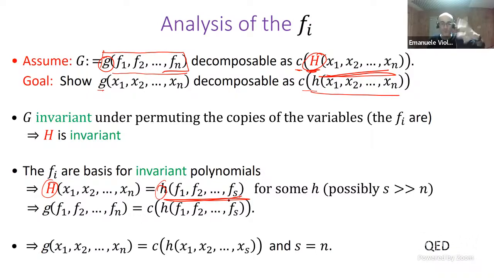They're a basis for the invariant ring of polynomials. So H in the X is invariant, so I can write it as a polynomial, a little h in the F's. And from this, you can conclude, using the structure of the F's, that G itself can be decomposed.